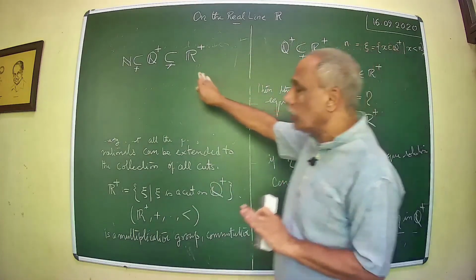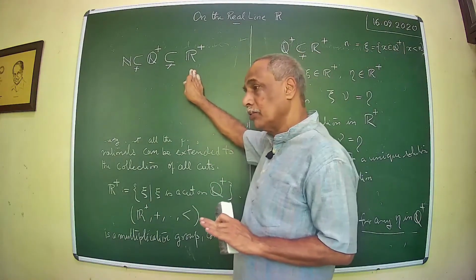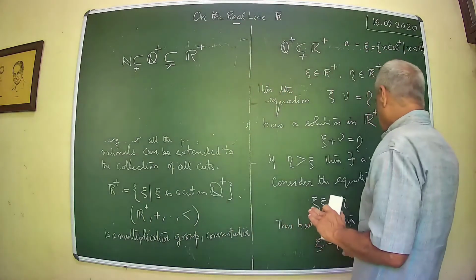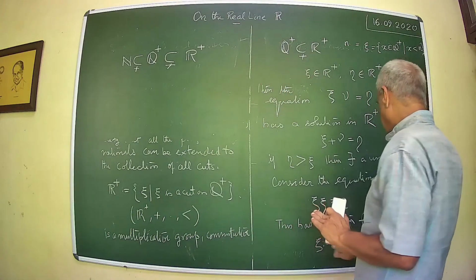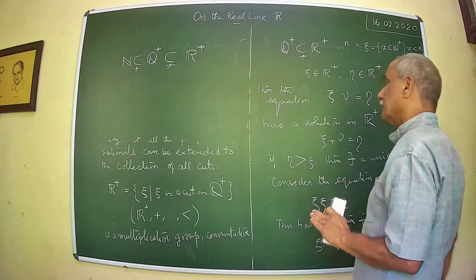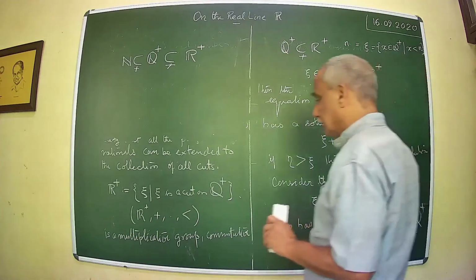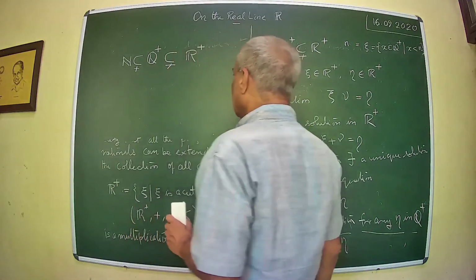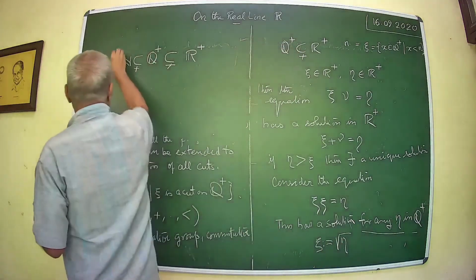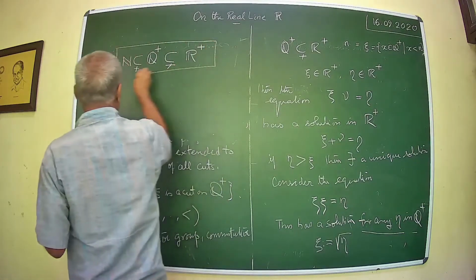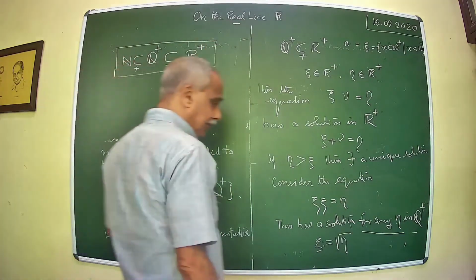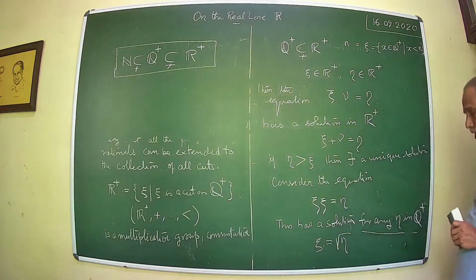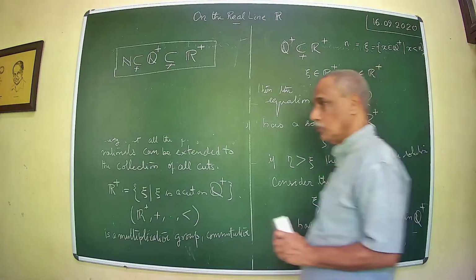But we get a lot more here because you see that all the quadratic equations of the type psi square equal to eta always has a solution for any given eta. So that is the extra gain that we have obtained. In fact, what one can prove is that this actually fills the gap. Okay, so one can prove that.